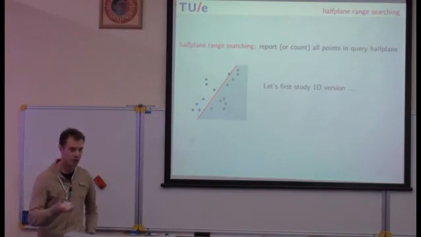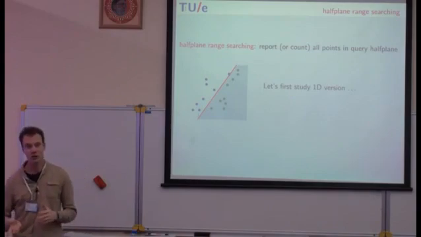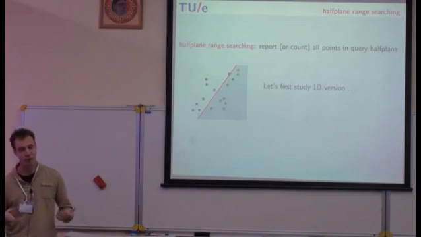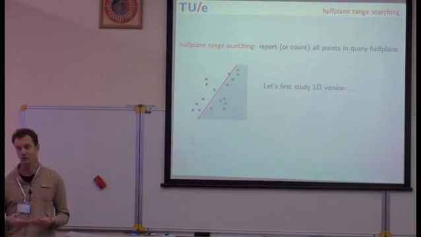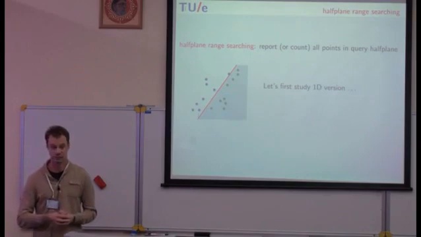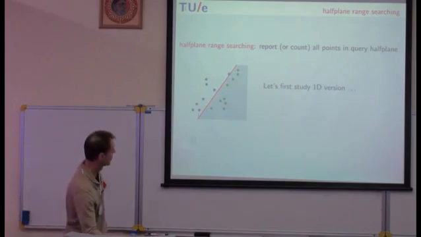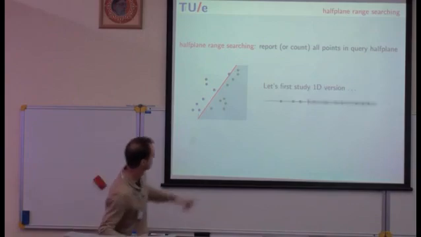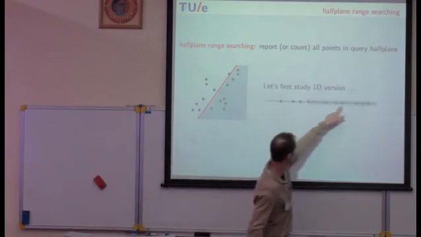When you start looking at a problem, it's always good to first look at a simpler version to get some ideas. So here we're going to look at the simplest version, which is what happens in 1 dimension. What is this problem in 1 dimension? I have points now in 1-dimensional space.